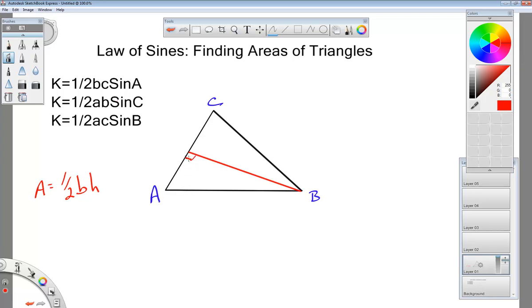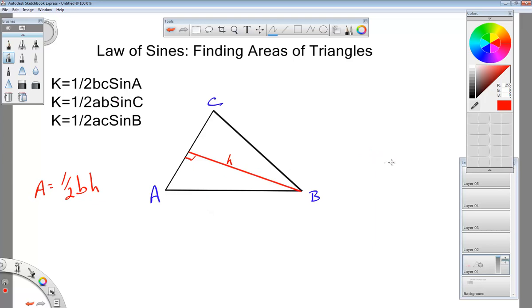You may have to use your imagination a little bit. It doesn't necessarily split this in half. The way I drew it, it kind of looks like it does, but let's say it hit down here. Whatever, it's a right angle, and we'll call this h for the height.